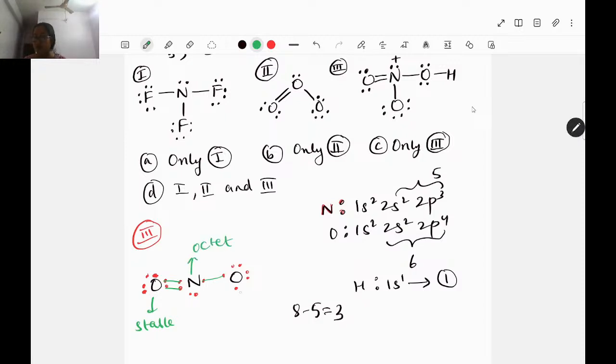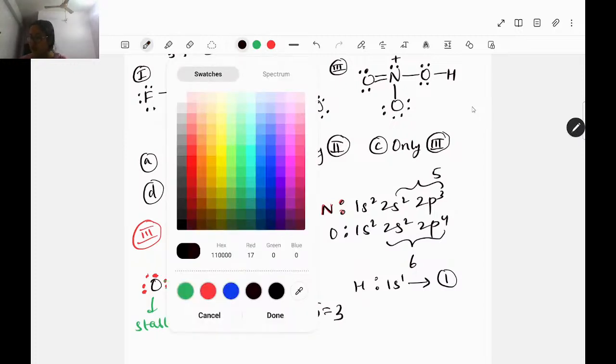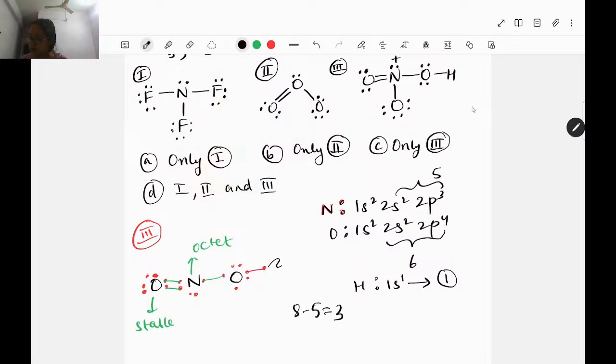But what about the oxygen over here? The oxygen over here is not stable. It is not satiated. It needs 1 more electron to complete its octet. So it has a hydrogen over here, and the hydrogen also needs only 1 electron to complete its octet. So now everything is fine.